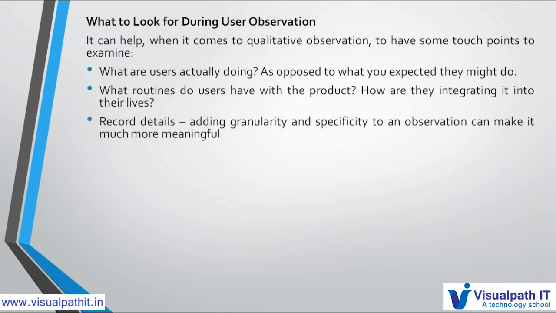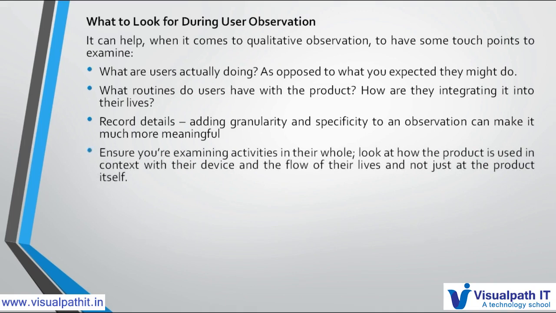Record details. Adding granularity and specificity to an observation can make it much more meaningful. Ensure you are examining activities in their whole. Look at how the product is used in context with their device and the flow of their lives, and not just at the product itself.